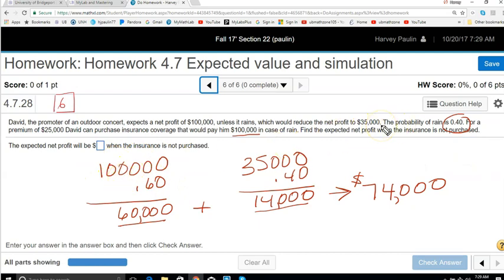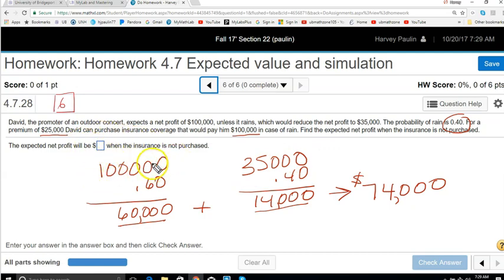But again, expected profit, and this is what some people do, think about various possibilities. But remember, if he buys insurance for 25,000, he's going to get, if it rains, 35,000 plus the 100,000 from the insurance.